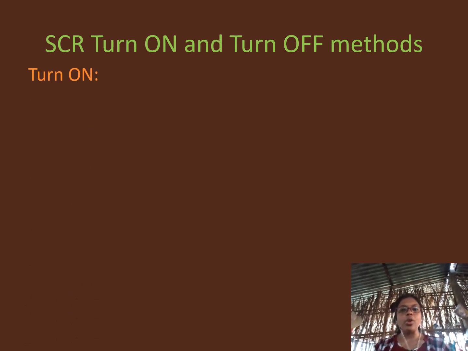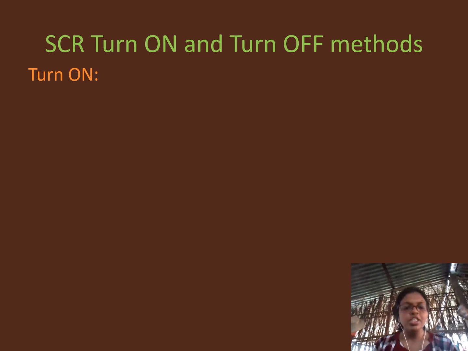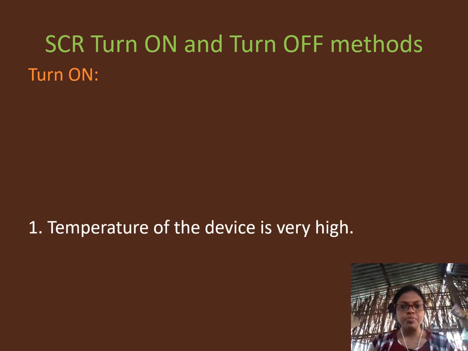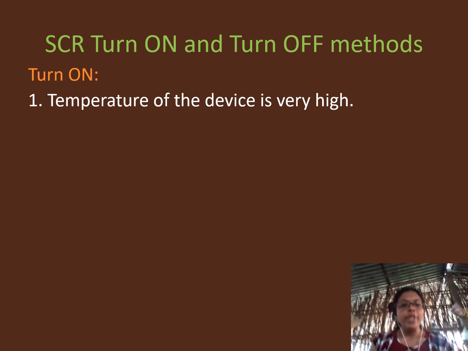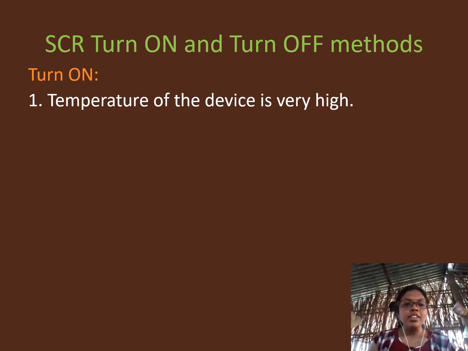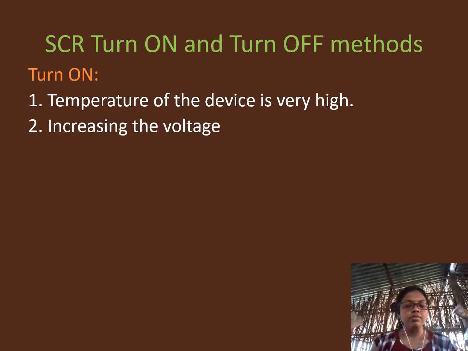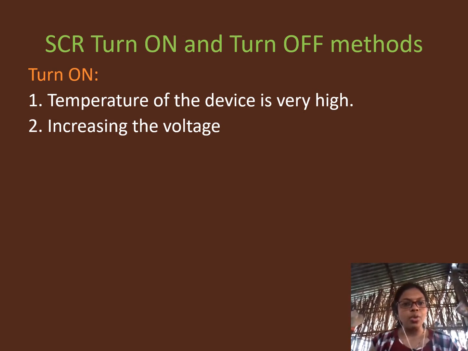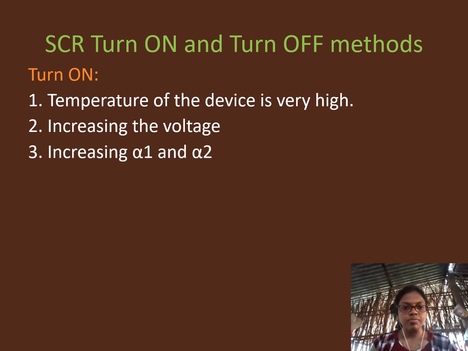SCR can be turned on and turned off by various methods. Let's learn how. You can turn on the SCR by increasing the temperature of the device to a very high level. Second, you can increase the voltage across the device and turn on the SCR.